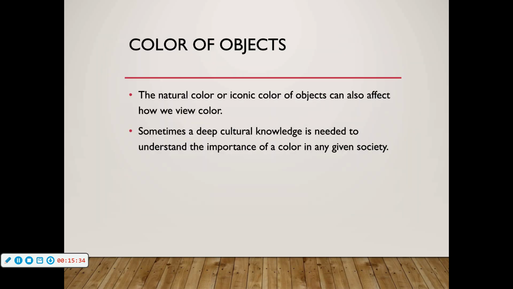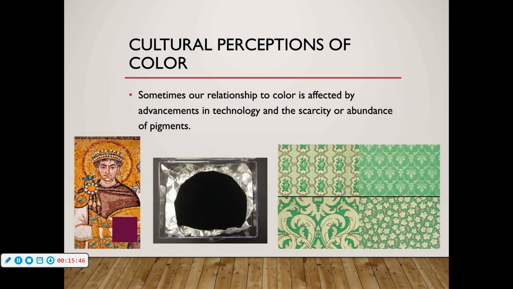All right, so the natural color or iconic color of objects can also affect how we view color. So this is the color of objects. Sometimes a deep cultural knowledge is needed to understand the importance of color in any given society. So, for example, here are some cultural perceptions of color. Sometimes our relationship to color is affected by advancements in technology and the scarcity or abundance of pigments.